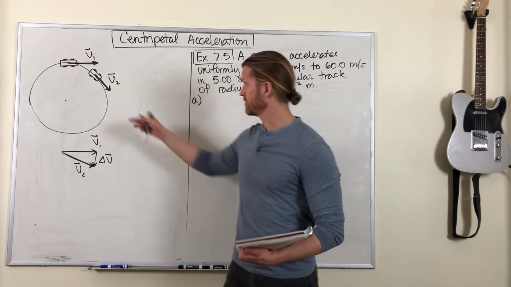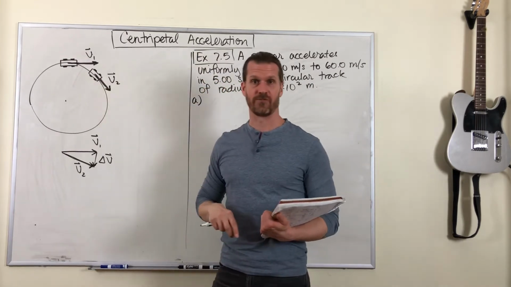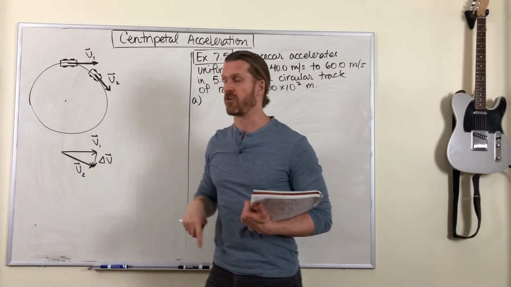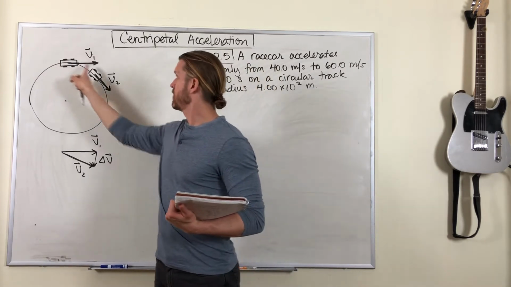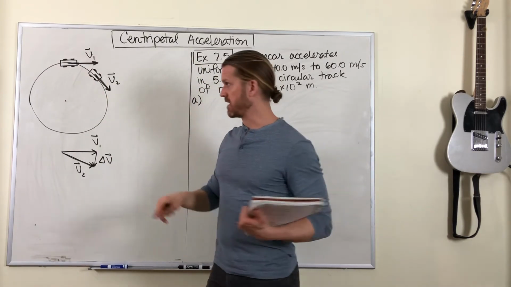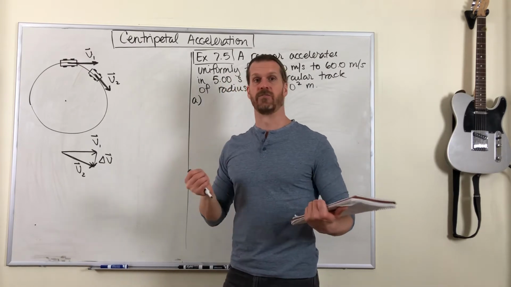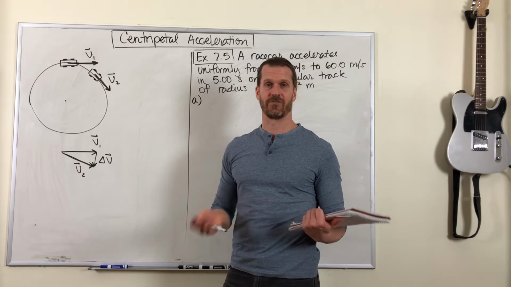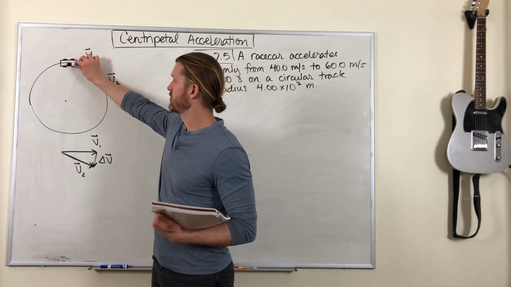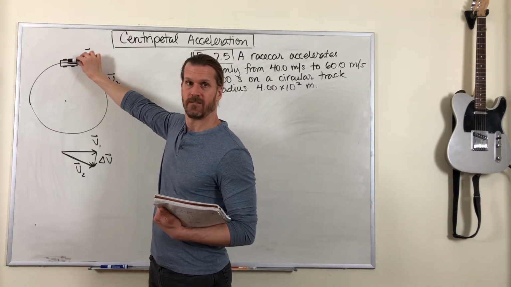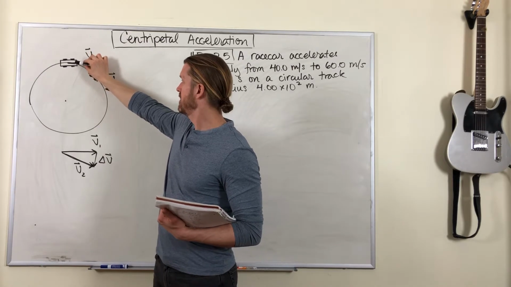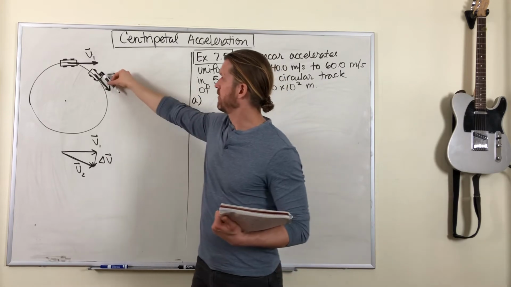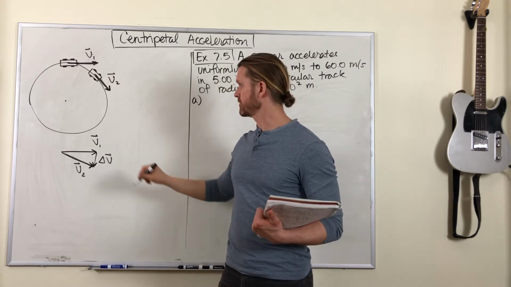So for instance, let's consider a car that's driving around a circular path. So we're looking top down on this car. It's going around the circle at a constant speed, but its velocity changes, even though its speed is constant, because its direction changes. Its initial direction is this way, pointing straight to the right, and then at some later time, its direction has changed. It's making an angle now.